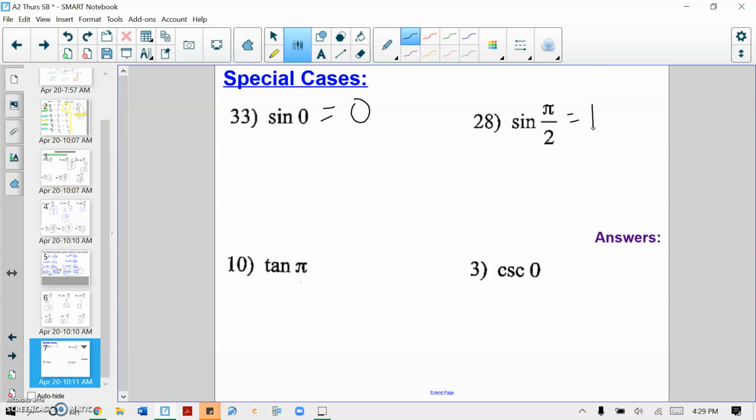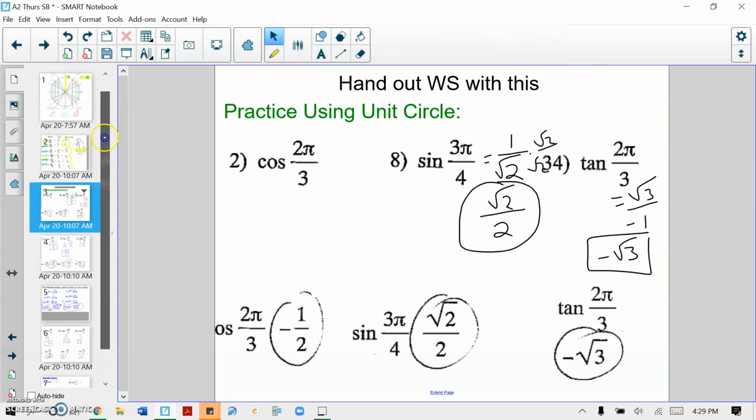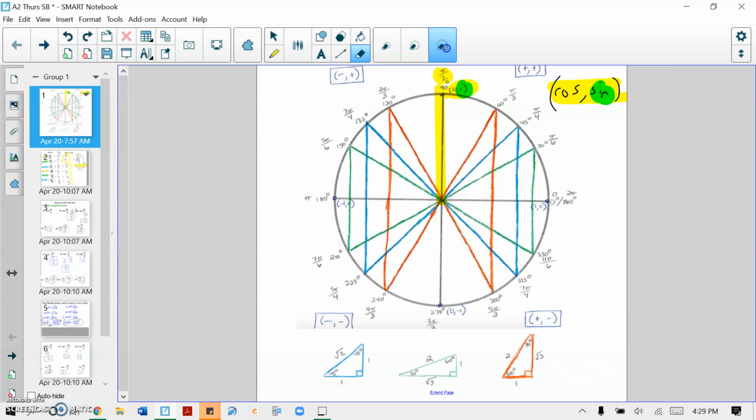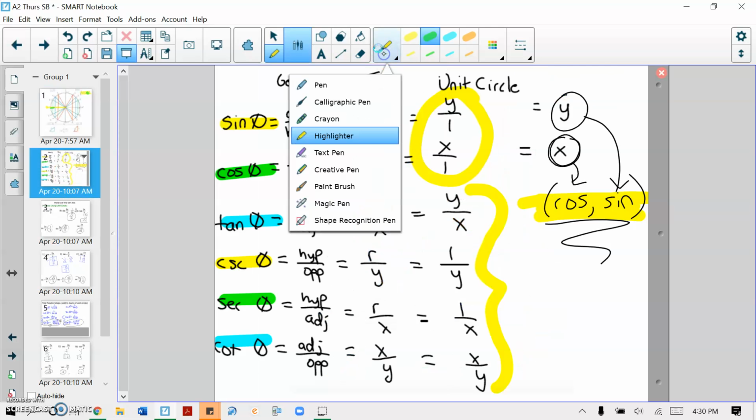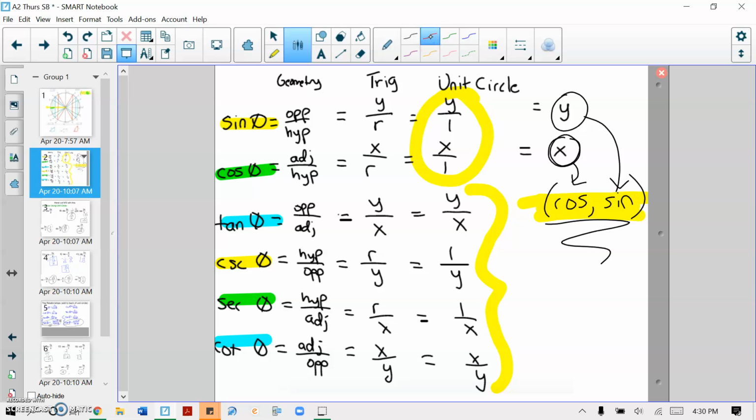Let's do another one that's kind of goofy. Tangent of pi. Let me erase all this. Pi is right here. Here's another issue. If we're going off of this cosine comma sine, I don't have tangent. So we have to look back at our ratios. If I look at this other slide, you see this part right here where it says tangent is opposite over adjacent.